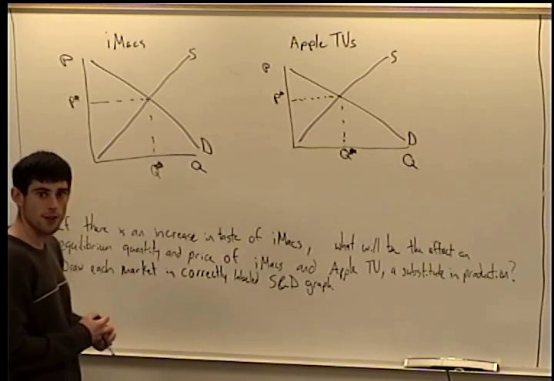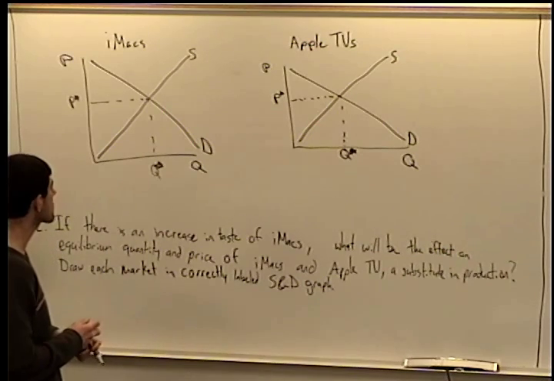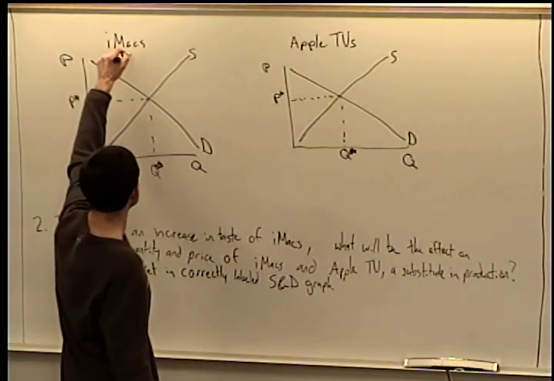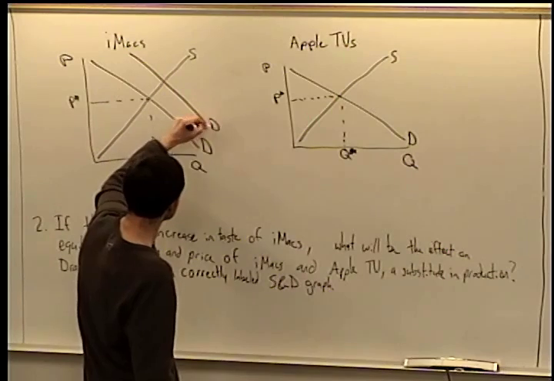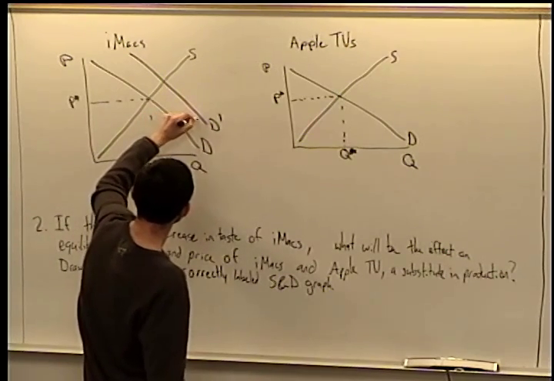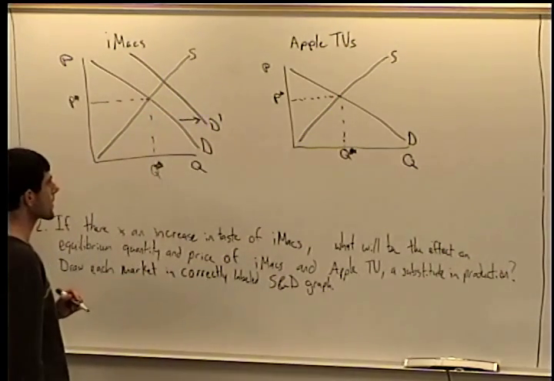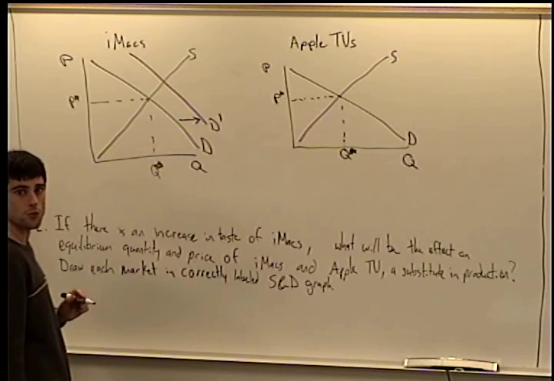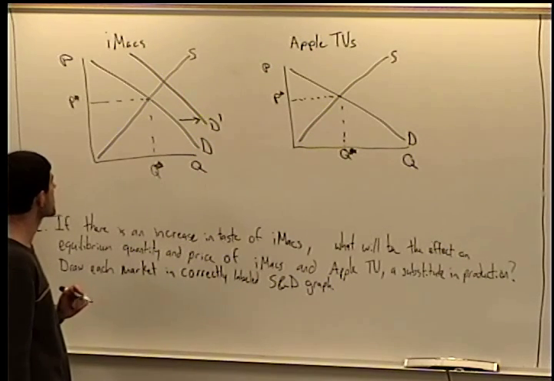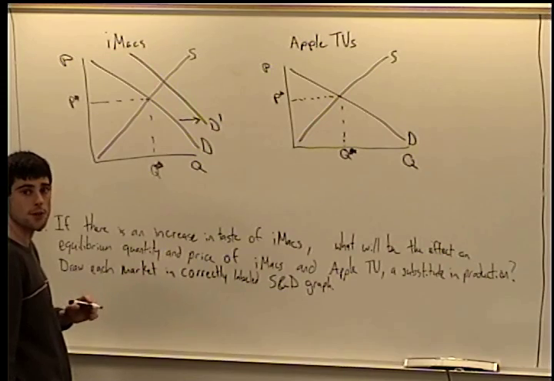Step 4 is draw this effect, or graph it. So here we graph an increase in the demand for iMacs, which looks like that. So just a rightward shift in demand. And then step 5 is graph our new equilibrium.